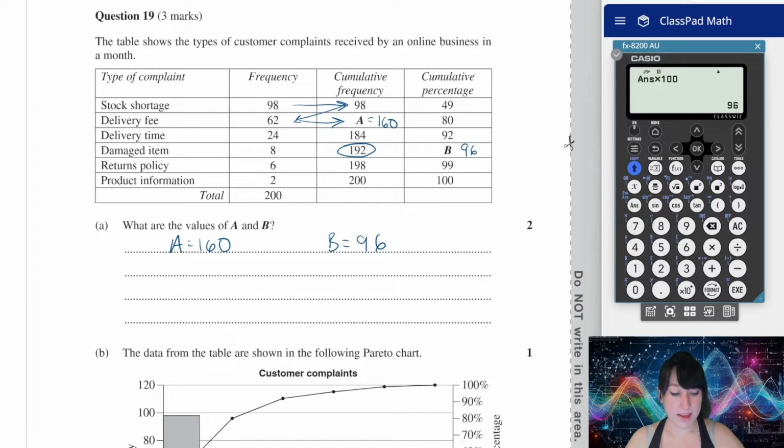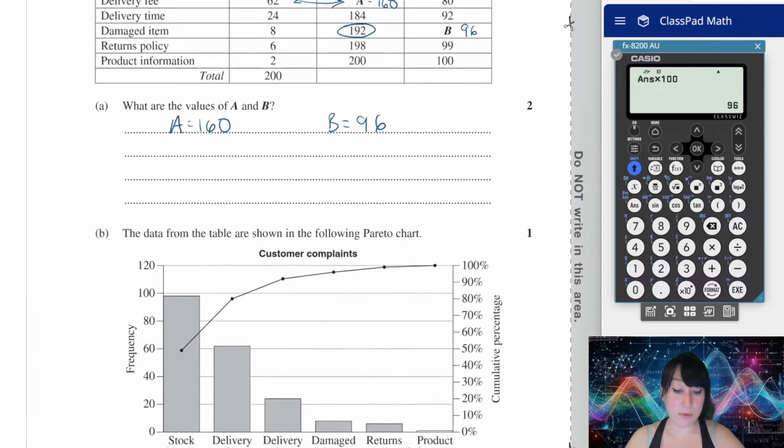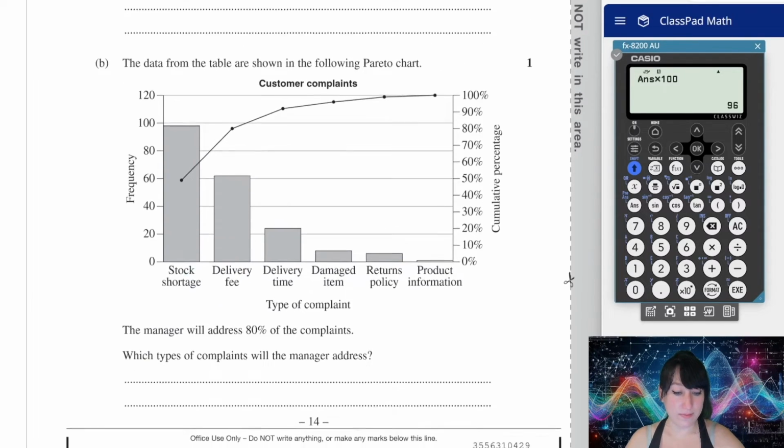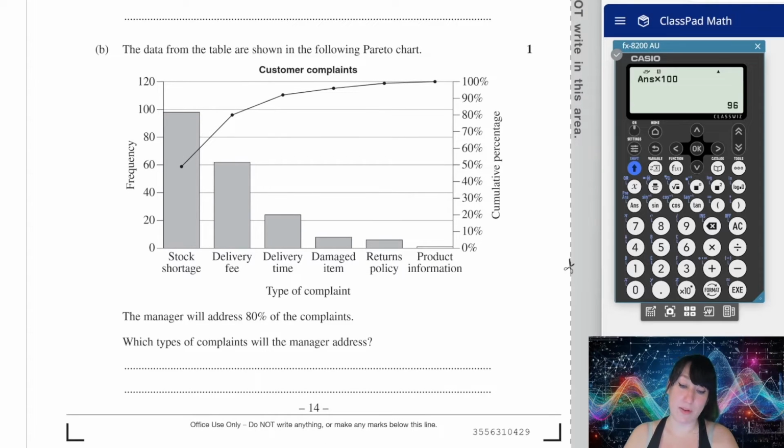The next part is about a Pareto chart. It says the data from the table are shown in the following Pareto charts. The manager will address 80% of the complaints. Which types of complaints will the manager address? So remember with the Pareto charts, the line graph is cumulative percentage and follows the vertical axis on the right.